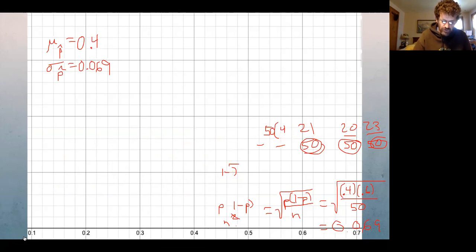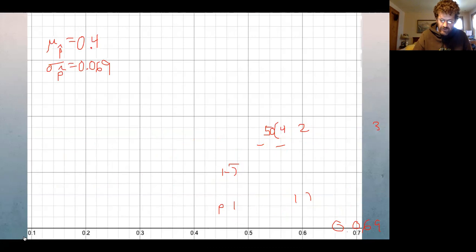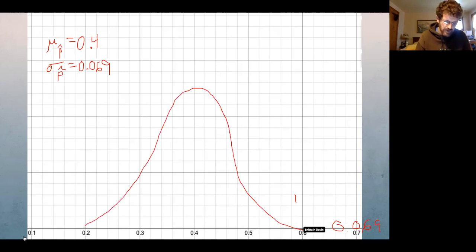We're going to have our distribution center right here, something like that. And the standard deviation is going to be that 0.069, which is about 7%, if you want to consider it that way, 0.07 proportion. So it's going to go about that far.